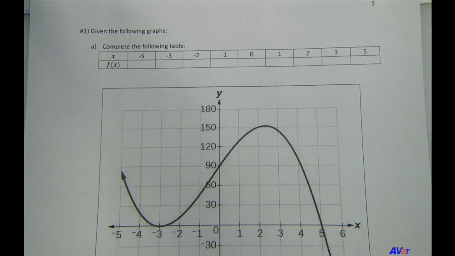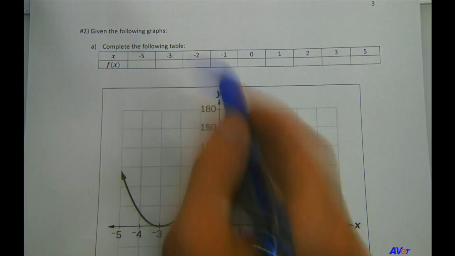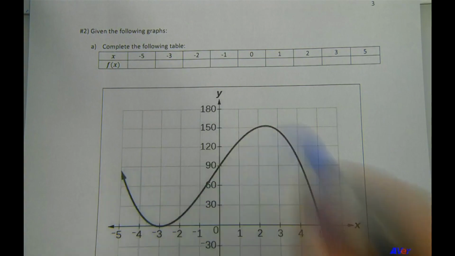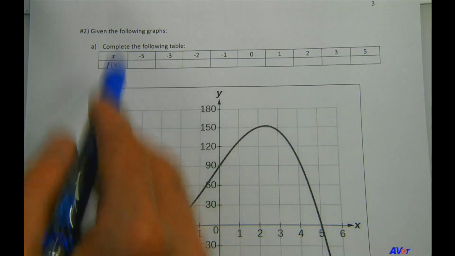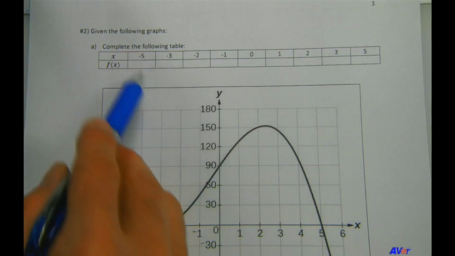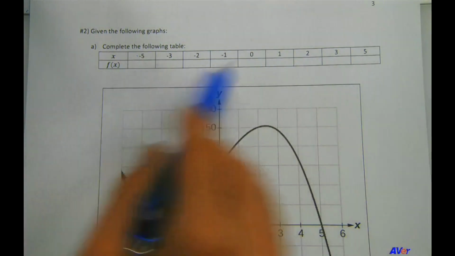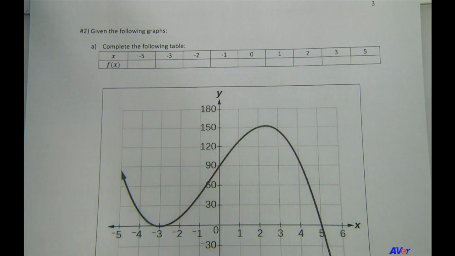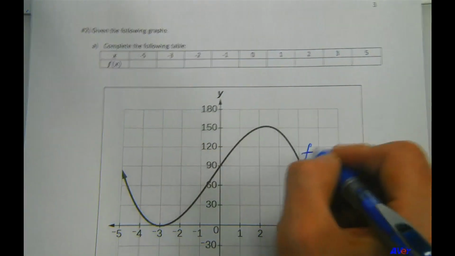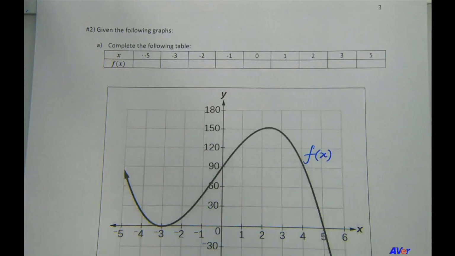And we will get to those further down the course. But instead of the function, we are given the graph, and we're asked to look at the graph and figure out for each x value, what is the y value, or the f of x value. Okay, so this whole line represents f of x, some polynomial function.